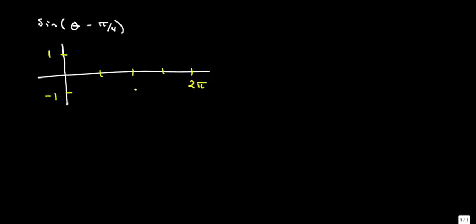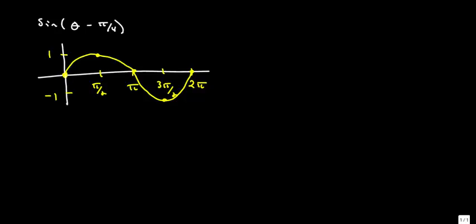We'll go to 2 pi here, so this is pi, this is pi over 2, 3 pi over 2. Remember, sine, the height value, starts at 0. We go up, and we come back down like this. So there's the sine curve.